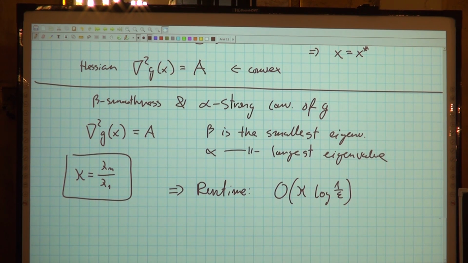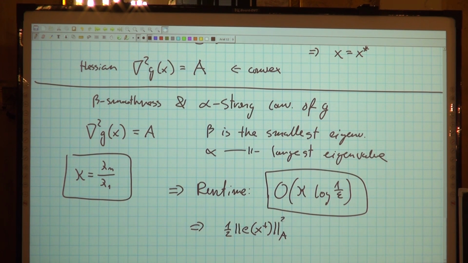So after this many iterations, we will get a solution where, I will not define exactly in what way, the one half e of xt, the error as measured in the A norm, will be at most epsilon. That's essentially what will happen here. Okay, so great.